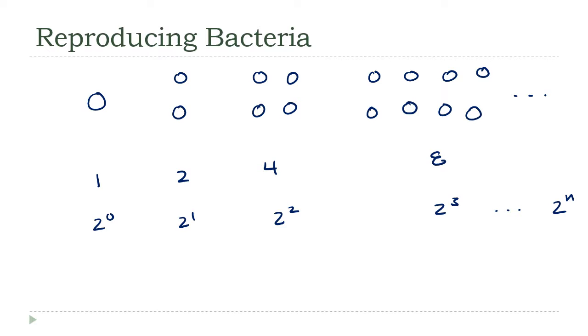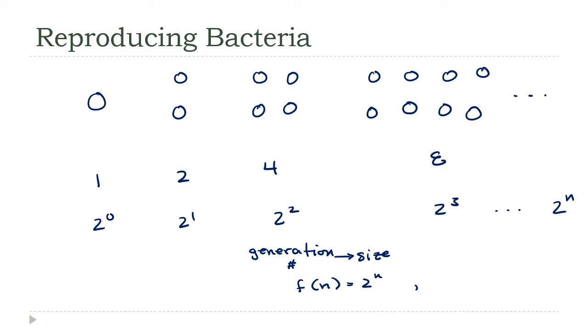Now finally, we could turn this into a formula by associating each generation's size with the corresponding generation number, right? And if we did that, we would get f of n equals 2 to the n.